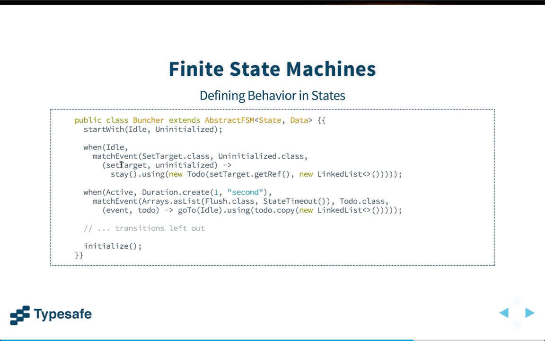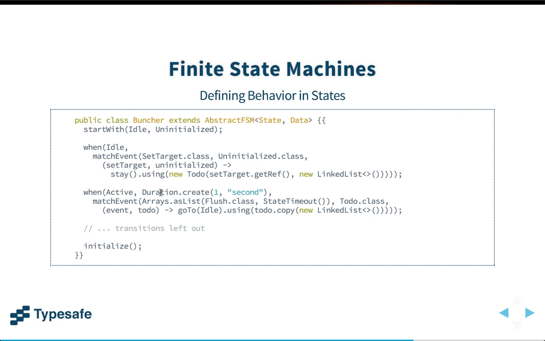And when he's idle, if someone sends him a set target message, then we will set the receiver of the buffered messages by staying in the idle state and changing the data to set a new set target.